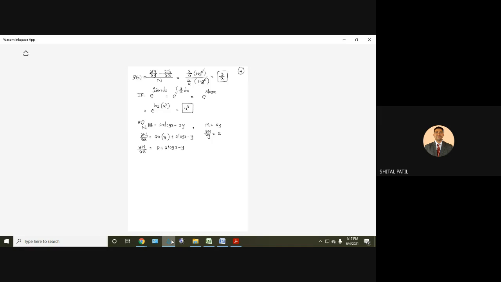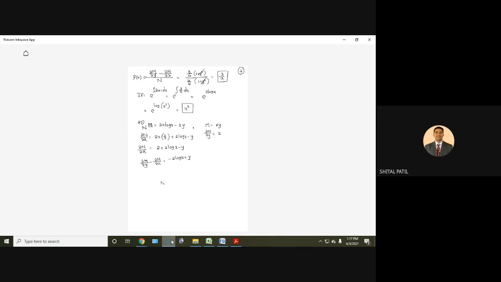Now find the difference. Two will cancel. After cancelling 2 and simplifying, it is minus 2 log x plus y. How many terms are there? 2 terms. Go to the M, single term, so we cannot divide by M. Go to the N, 2 terms are there.